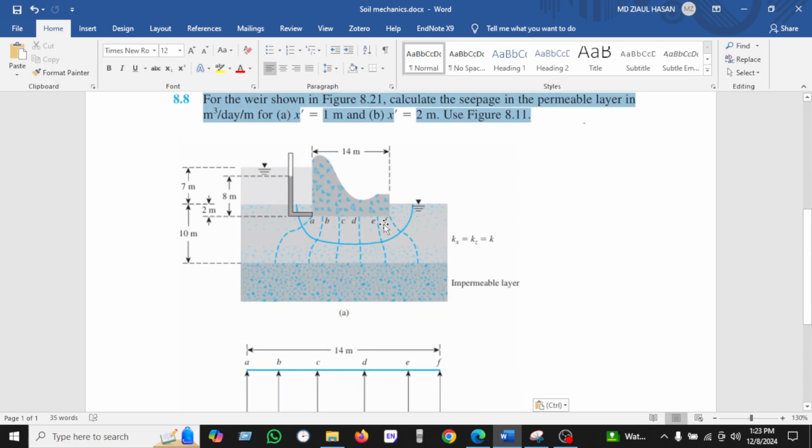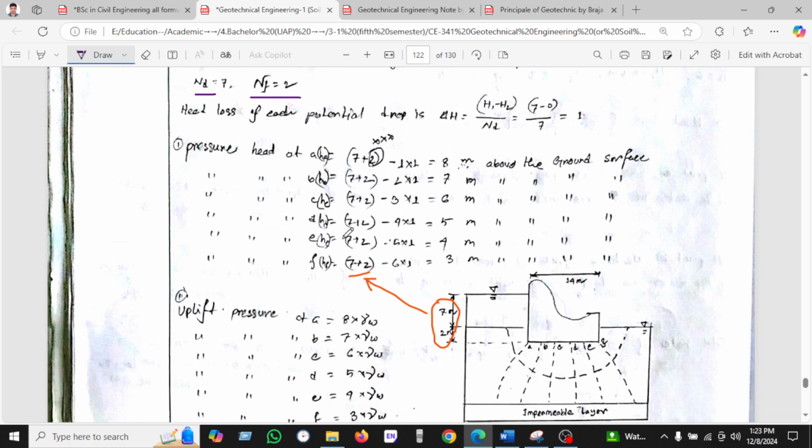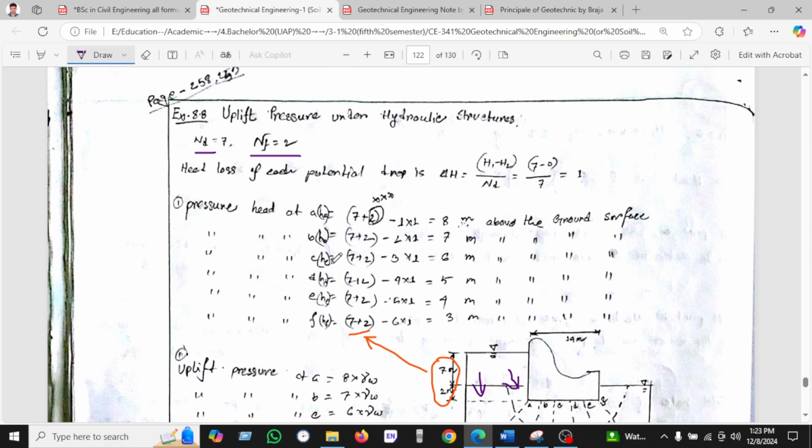So uplift pressure on a hydraulic structure: ND we know is 7 and NF equals 2. ND equals 7 because 1, 2, 3, 4, 5, 6, 7, and NF equals 2, one and another one, the two portions through which water is going.